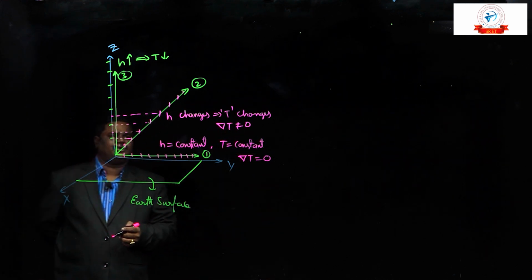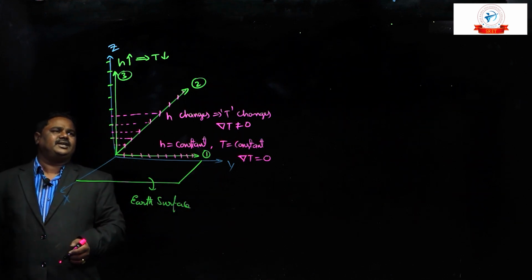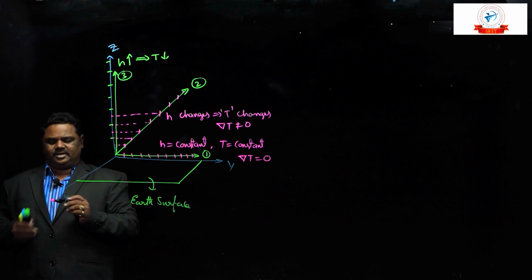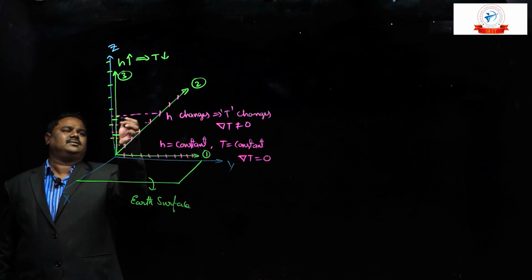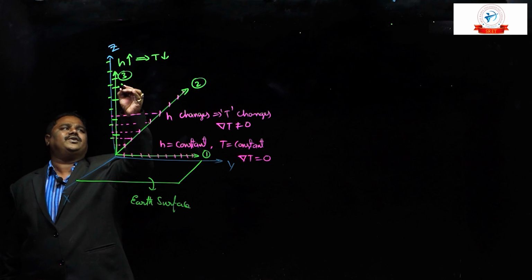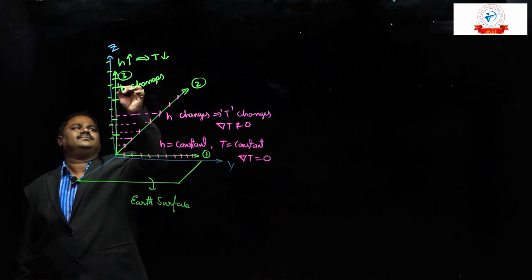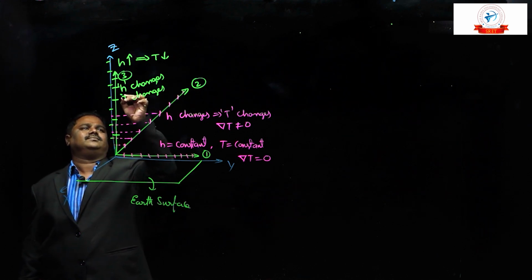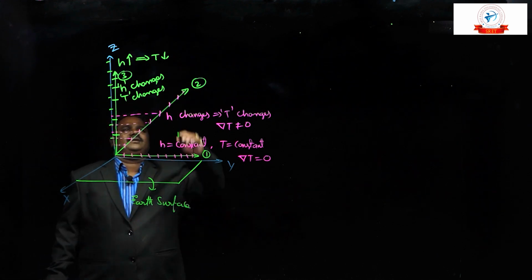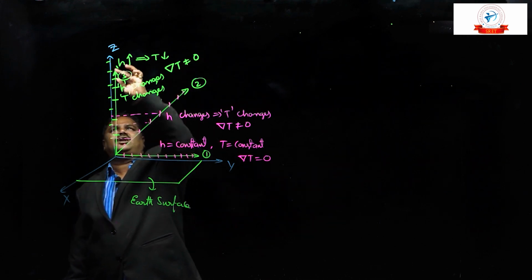So it is a non-zero term. Gradient of T is non-zero. Similarly, if you move along path 3, again the height increases, so temperature also changes. Then gradient of T is non-zero along this path.